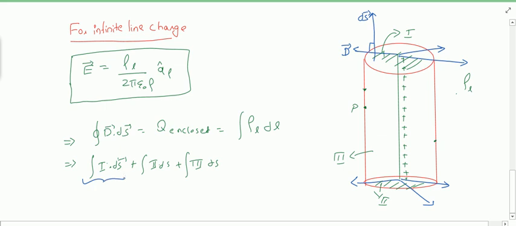So the first surface integral will become 0. The second surface integral, as this surface has a dS vector in the downward direction but the displacement flux density direction is here, is also making a 90-degree angle, so it also becomes 0. So both of these become 0. The only thing that remains is the third part, so we have to evaluate this integral only.